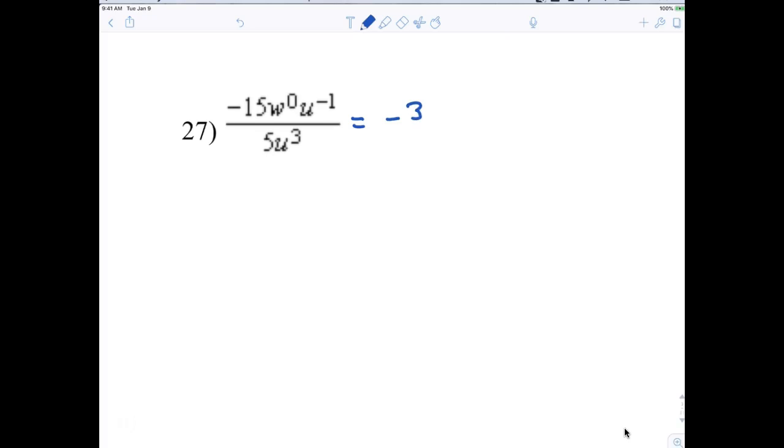And then, what happened to the W? Just drop it. Right? And then what happened to U to the negative 1? Bring it down to the bottom. And so that gives me how many? 5 to the 4th. I'll agree with U to the 4th, right? Because you reduce. It's not a big deal at all.